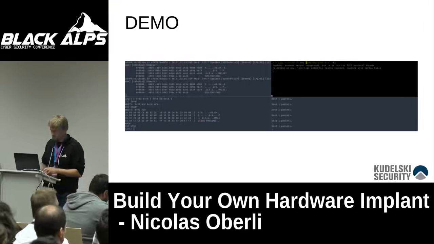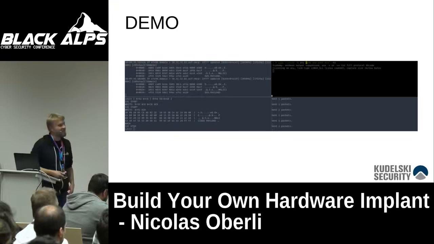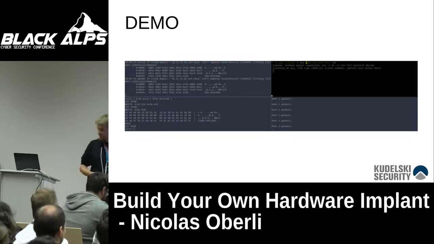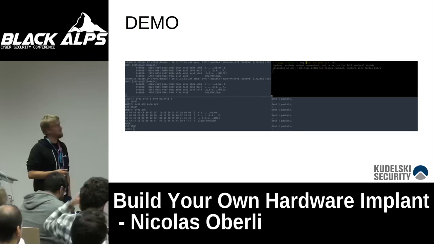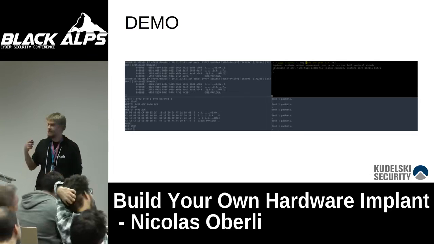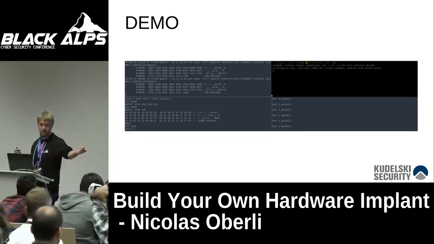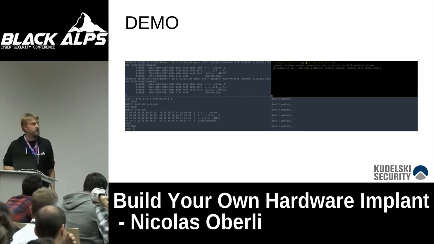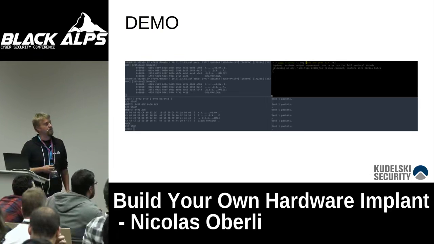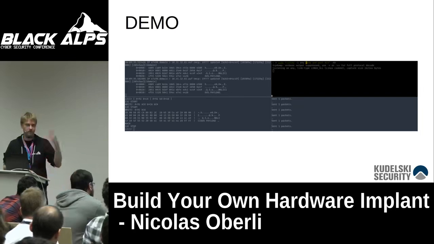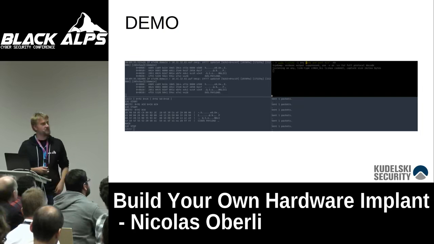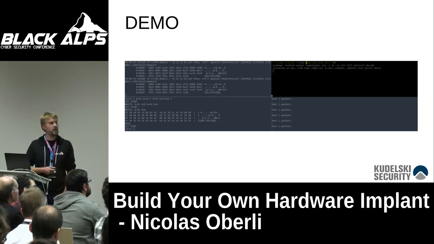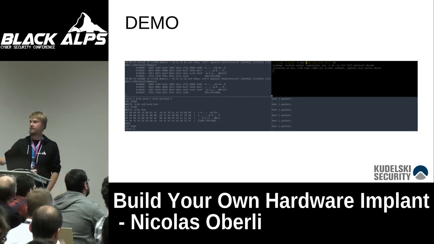Okay, so of course, demo effect, thank you. Sorry about this. So basically, what should have appeared on the screen was that I'm sending SNMP requests to the implanted hosts. The implant should show me the packets that were received. And if I do a TCP dump on the host, I won't see any SNMP traffic coming in.